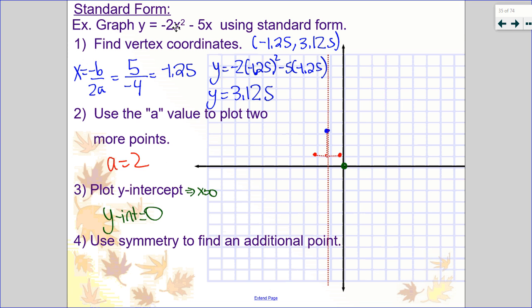And then you can see I have a point a little over 1 to the right of that line of symmetry. That's my y-intercept. So if I go a little bit over 1 in the other direction, I'll have another point to graph. And when you make your parabolas, you have to make them curvy, because they're supposed to be a smooth curve.